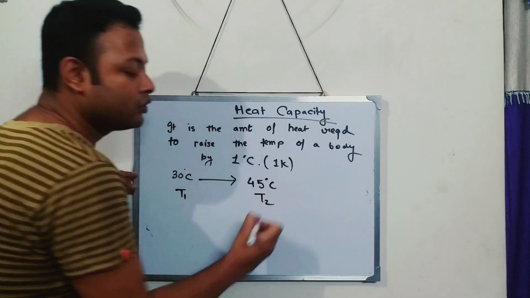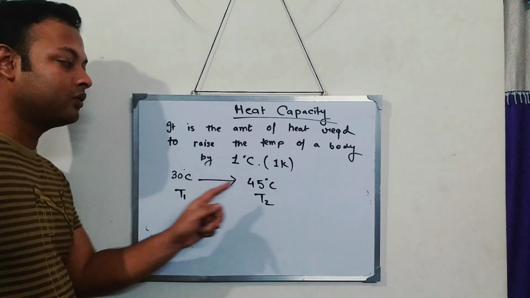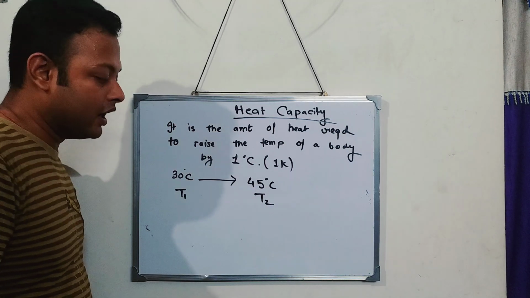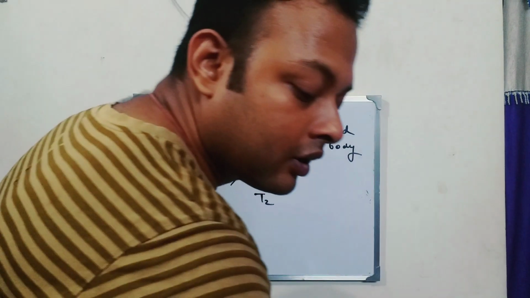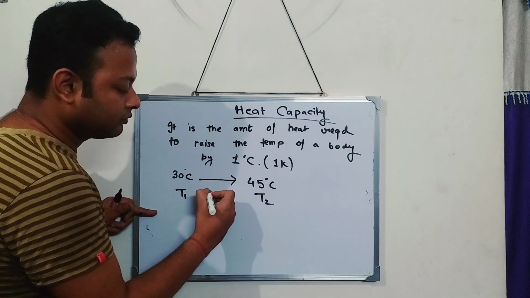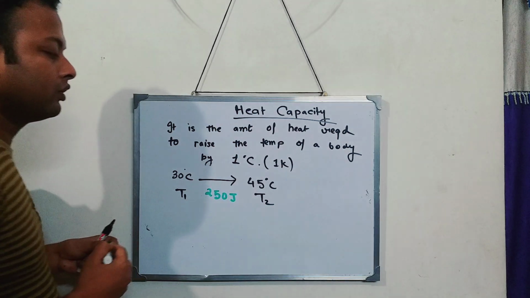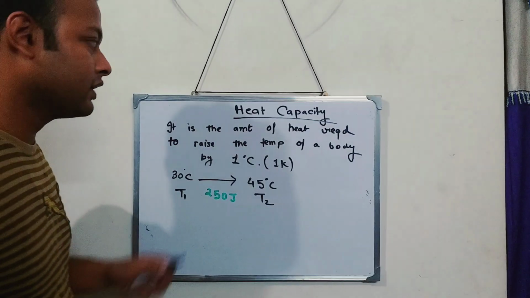So this is T2. And to go from 30 degrees centigrade to 45 degrees centigrade, I need a heat of say 250 joule.